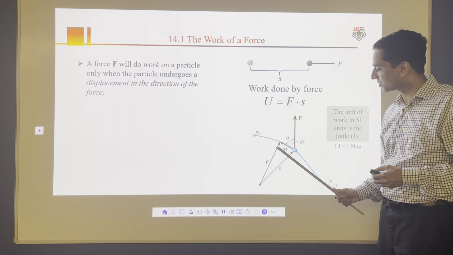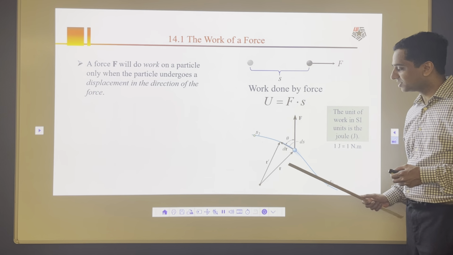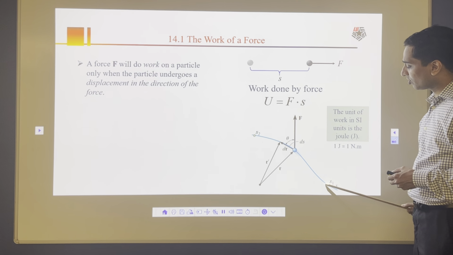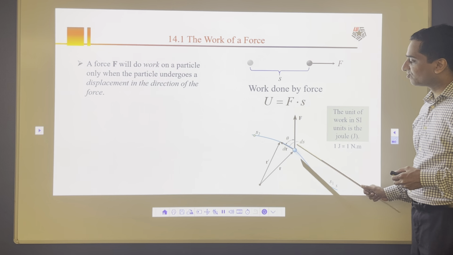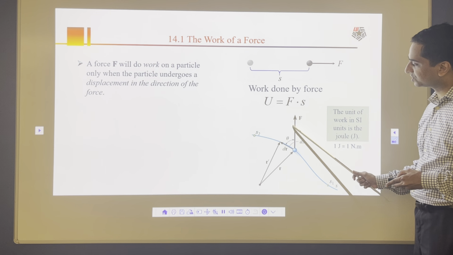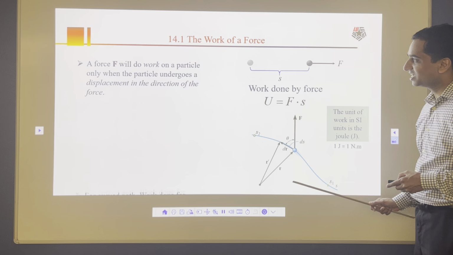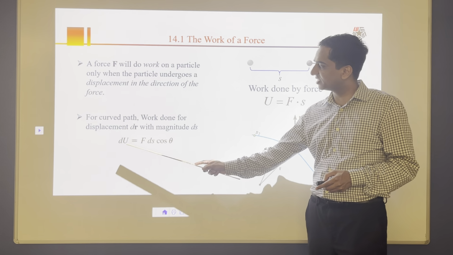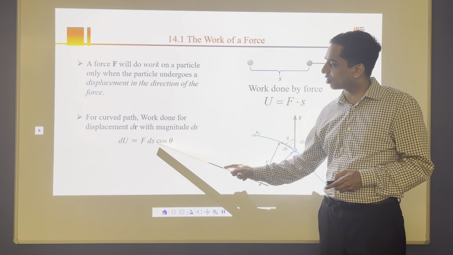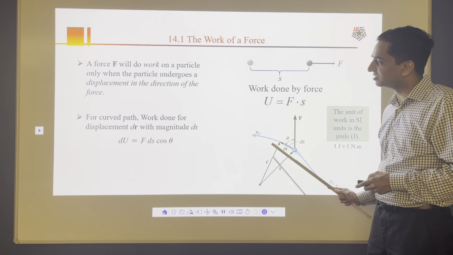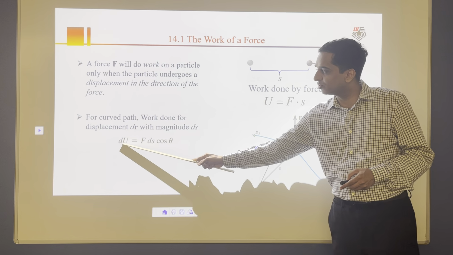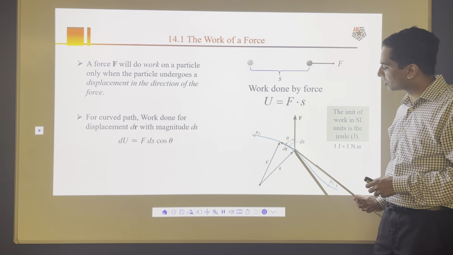That's the definition. Now let's assume that a particle traveling a curved path is going from S1 to S2. If a force is applied at an angle theta, then I can calculate the work done as F ds cos theta. As this theta is at an angle, the very small amount of work done is given as dU.